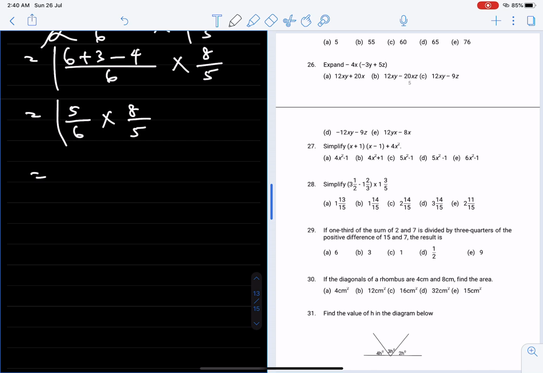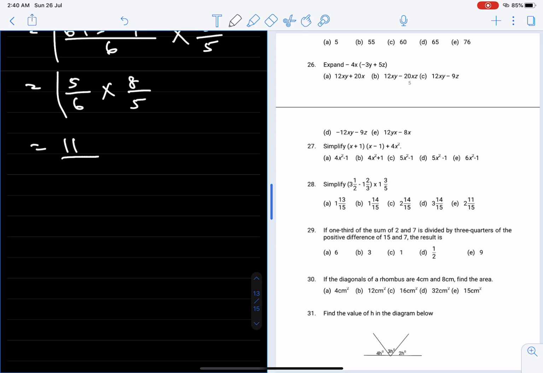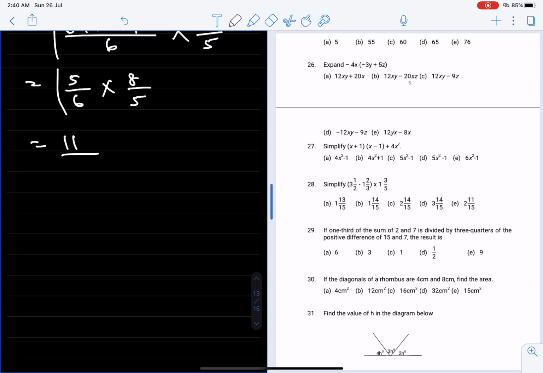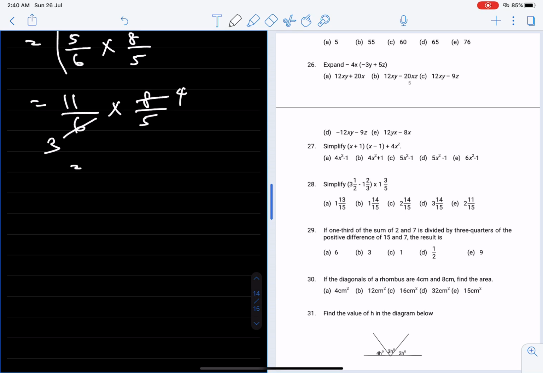And then we change the mixed number to an improper fraction too, and it becomes 11 over 6 times 8 over 6. So 2 here 3, 2 here 4, and that gives us 44 over 5, which is finally 8 whole number 4 over 5.